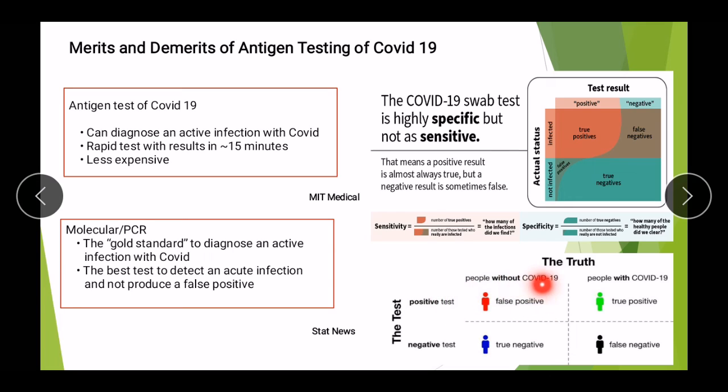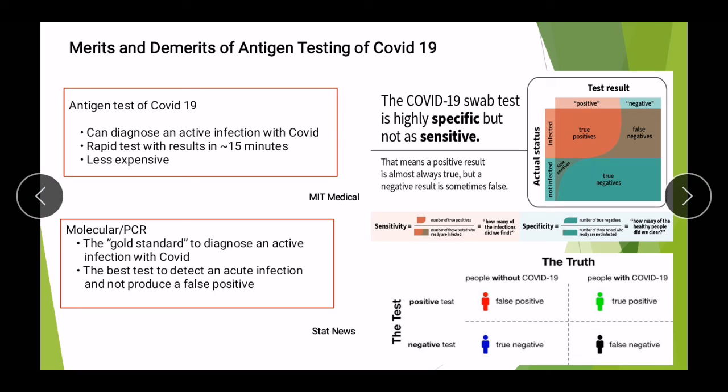It is highly specific in the sense that the number of true negatives is high. The people who are healthy will for sure get a negative result. There is no deviation in that. But in the case of sensitivity, there is a high decrease, up to 50%.